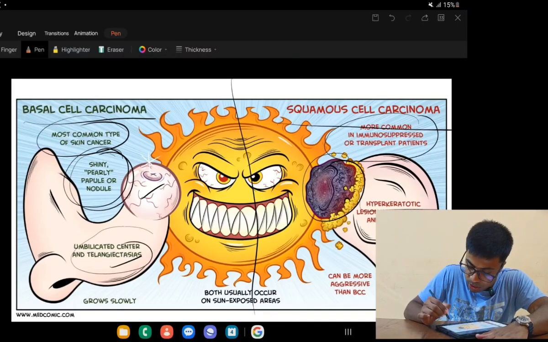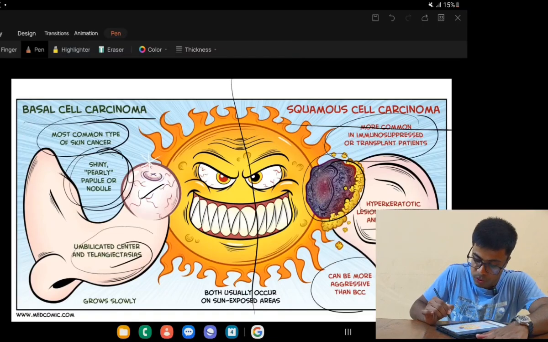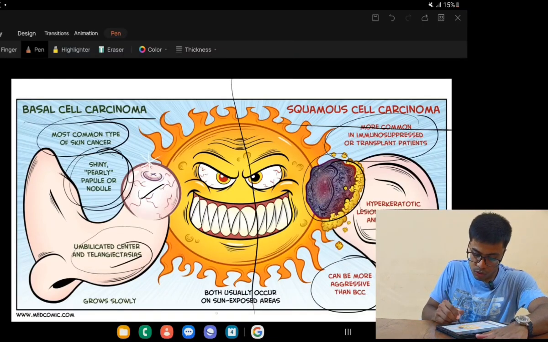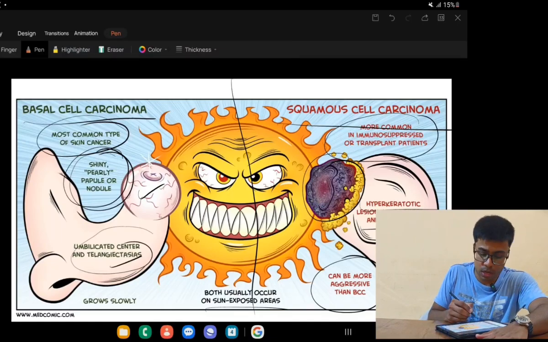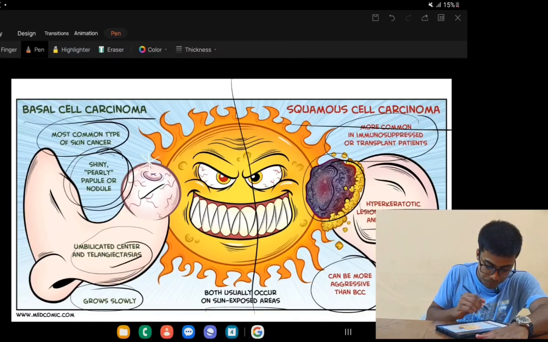Hyperkeratotic lesion with crusting and ulceration can be more aggressive than basal cell carcinoma. Both usually occur on sun exposed areas, but basal cell carcinoma grows slowly.